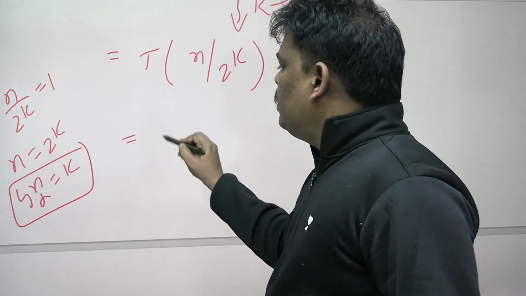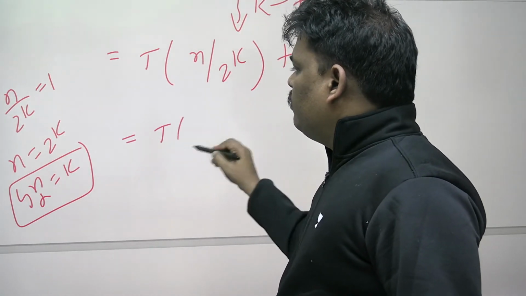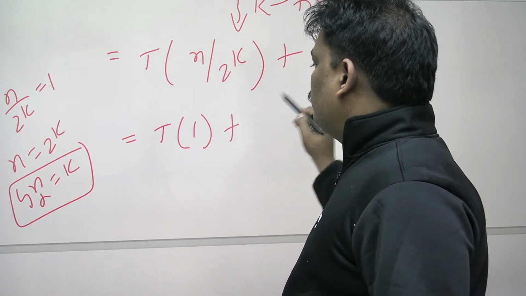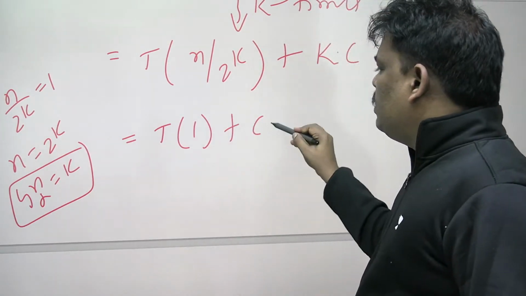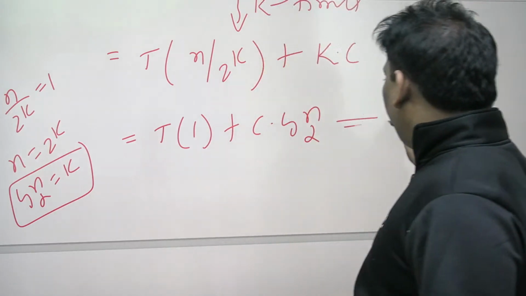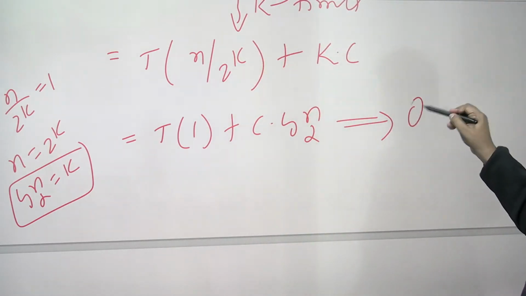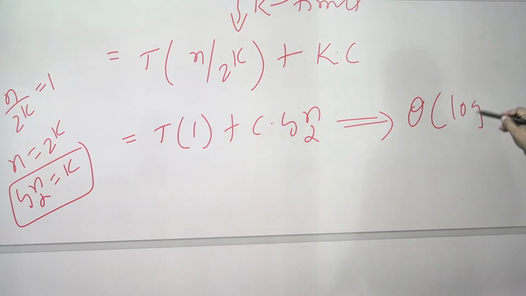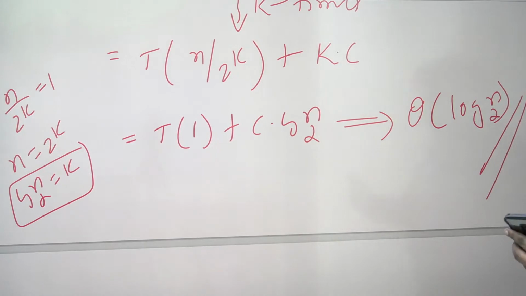It will become T of 1, which is c into log n base 2. It will become theta of log n base 2. Answer is log n base 2.